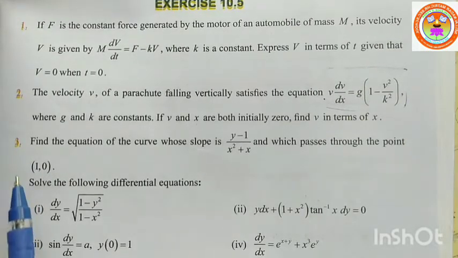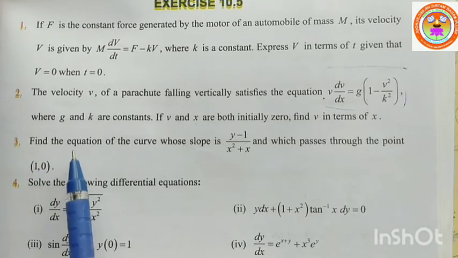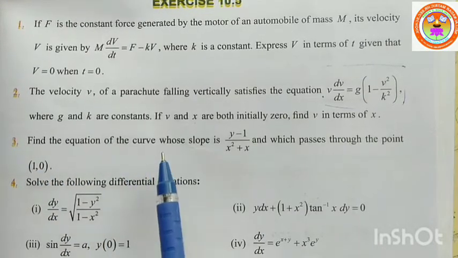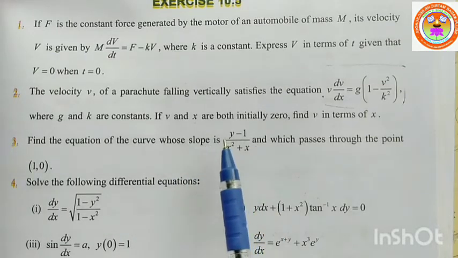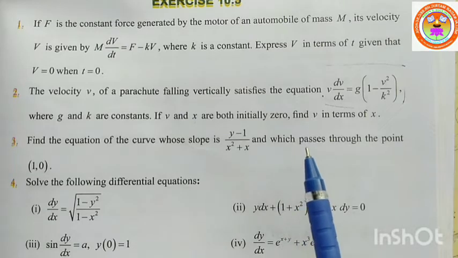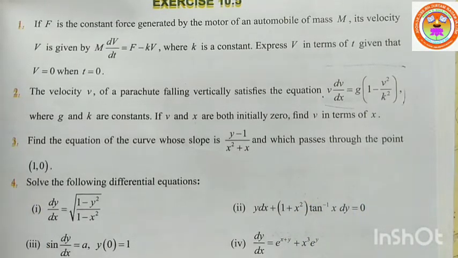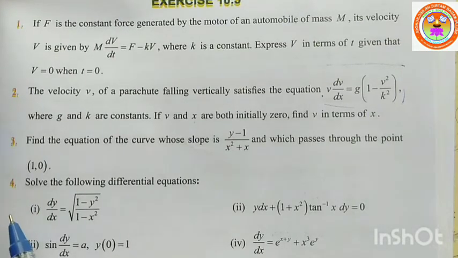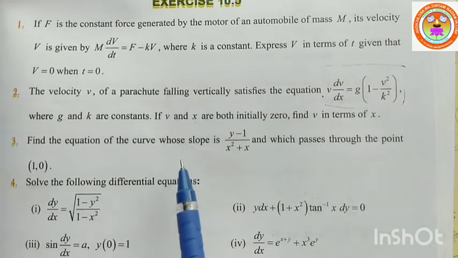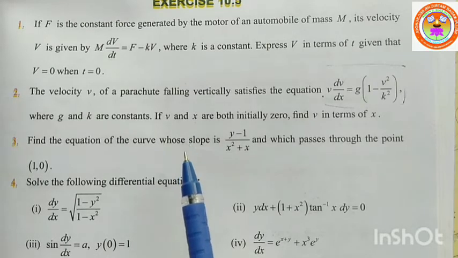Now see the third question. Find the equation of the curve whose slope is y minus 1 by x square plus x and which passes through the point 1, 0. We know very well slope means dy by dx at one point.